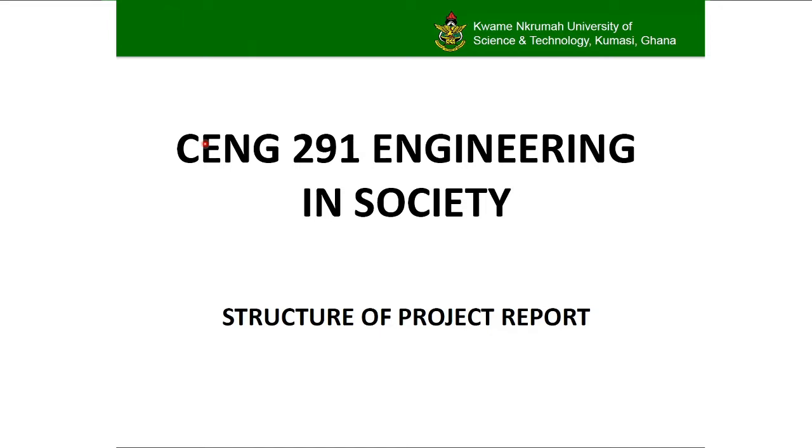The first two things that you have to do in your technical report are your cover page or title page, and the second one is the acknowledgement. So aside from telling you how to coordinate your research results, I'm also going to take you through the title page of a report, and then the acknowledgement as well, right?